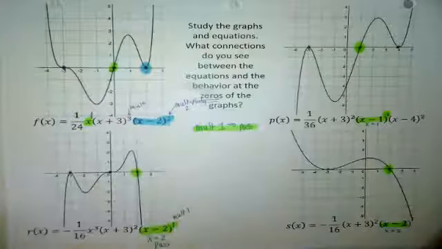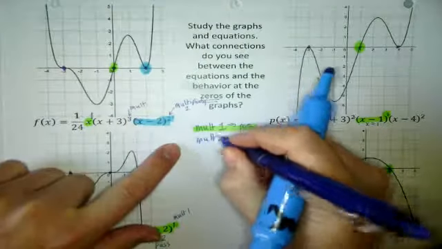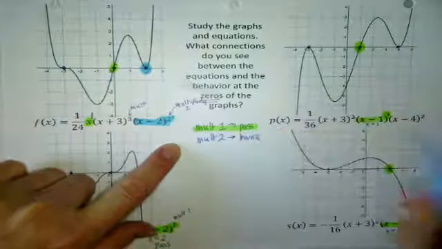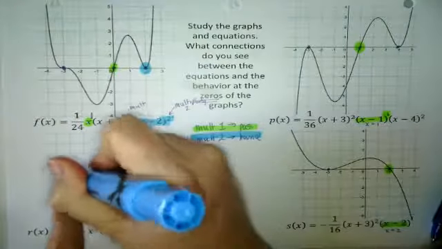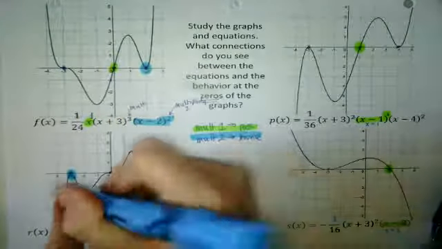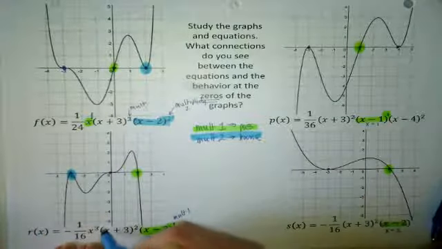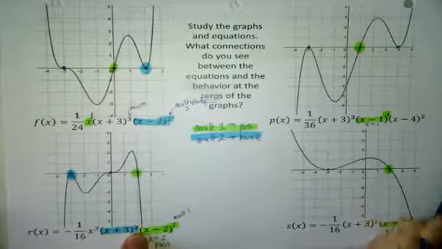So a multiplicity of 2 causes a bounce. And so graphically speaking here, at -3, you can see how it's bouncing from below, kind of interesting, but you see that factor has that power of 2, so it causes a bounce.